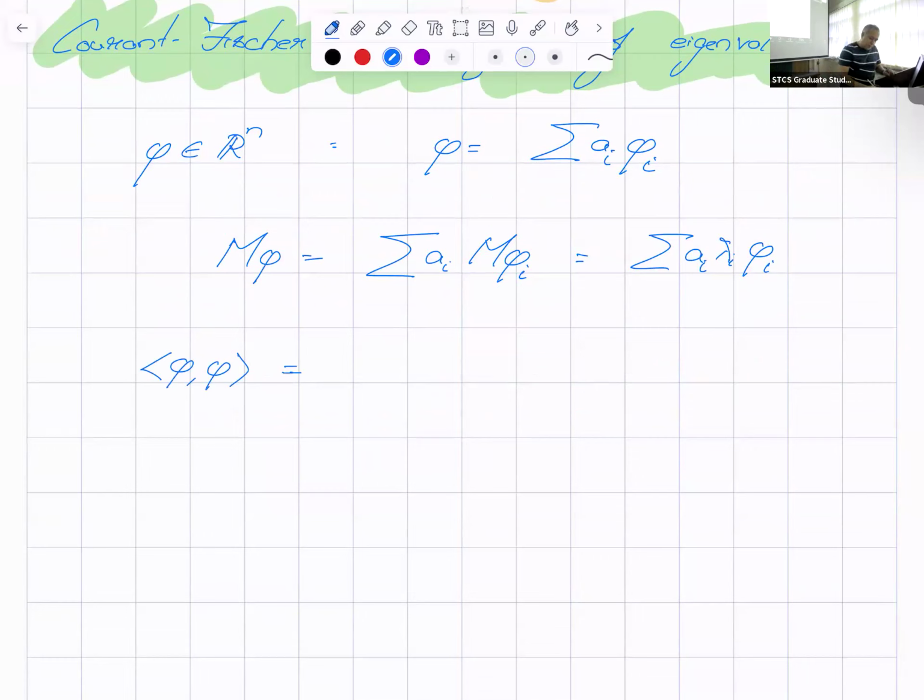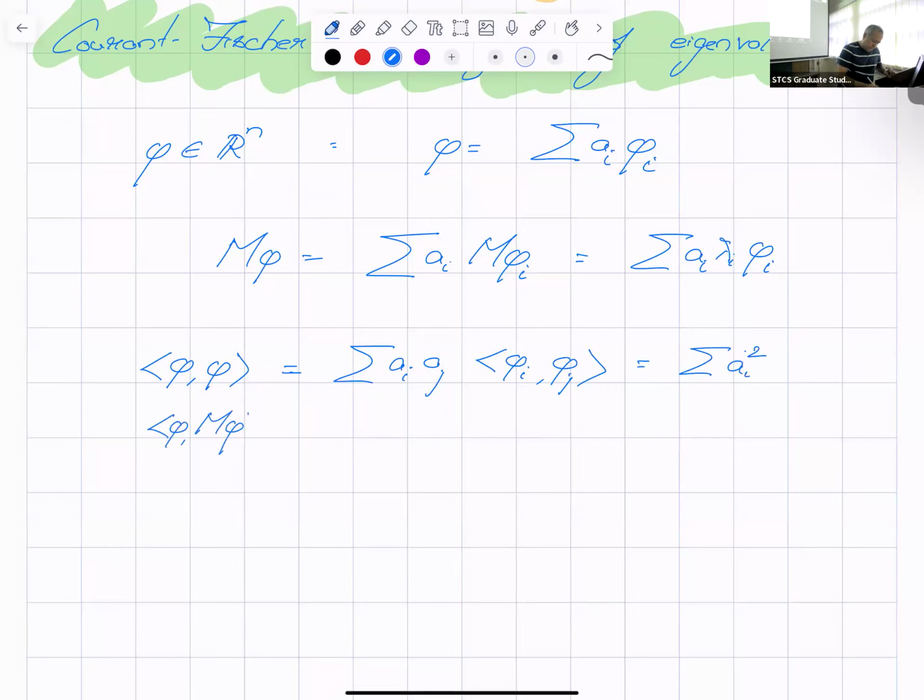Because this is an orthonormal basis, it is the summation of a_i a_j times the inner product of phi_i and phi_j, which is 1 only if i equals j and otherwise 0. So this is just the summation of a_i squared. With the same token, phi transpose M phi is the summation of a_i squared lambda_i.